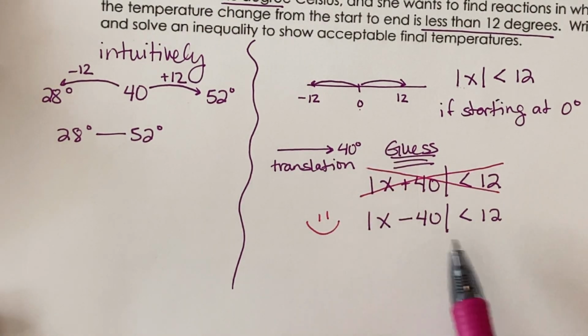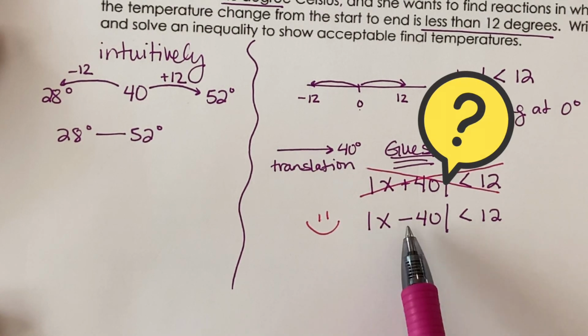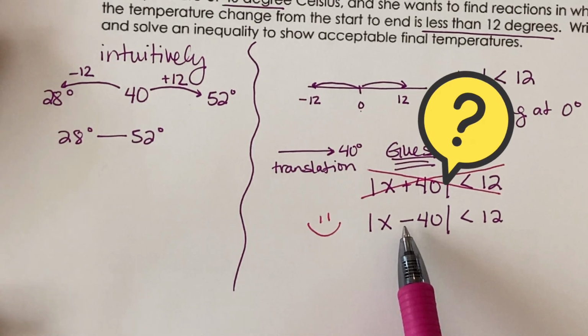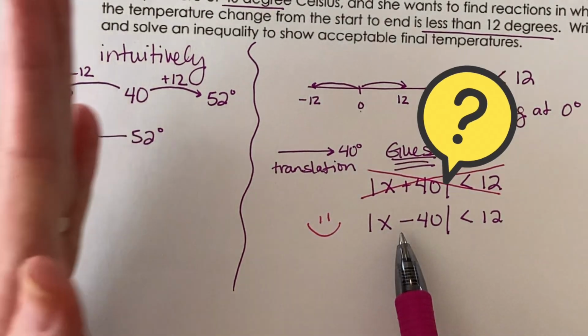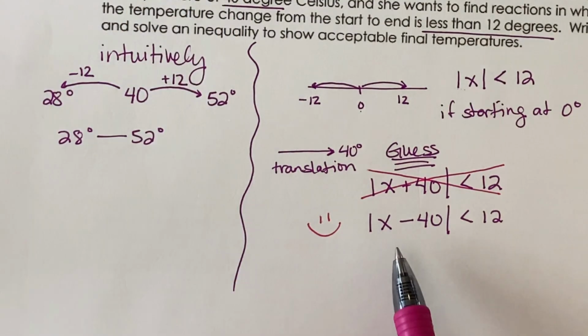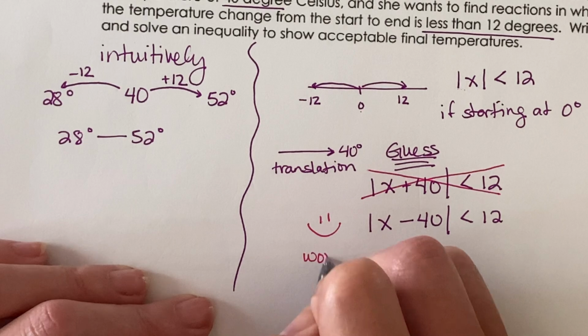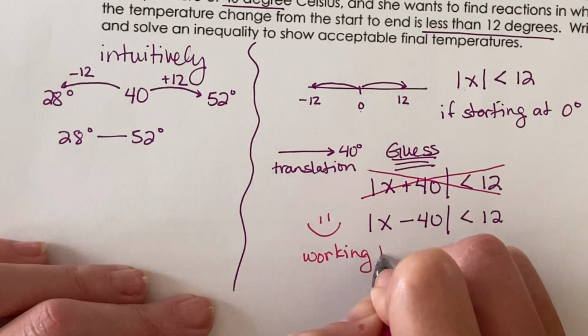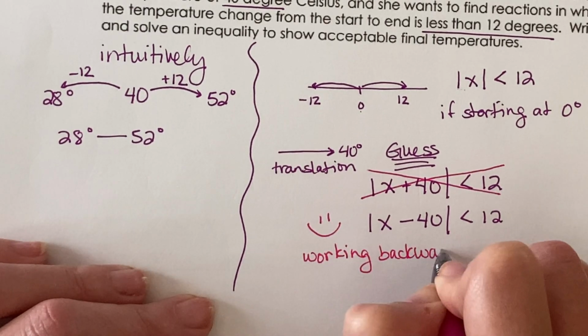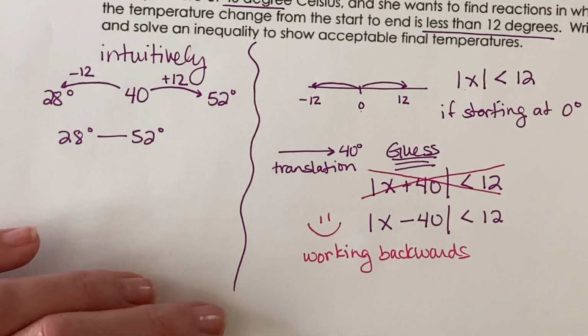Yay! Now let's take a moment and say, why in the world do we have subtracting 40 when we were translating everything up by 40? Well, basically this is because we are working backwards, kind of like unraveling an equation.